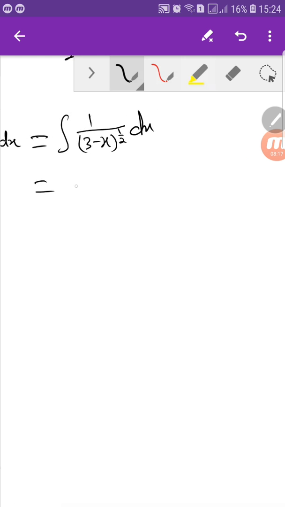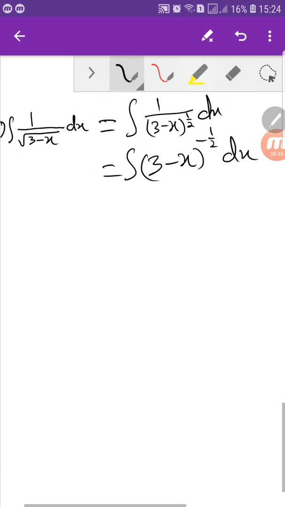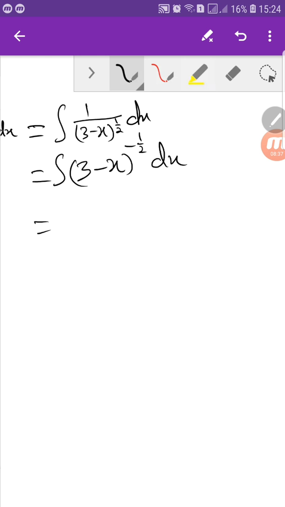Then bring it on top, so the power of the whole bracket will be negative. So (3 minus x) to the power of negative half, still integration dx, all copy paste. So we can use the formula.